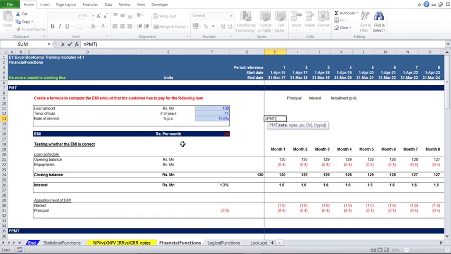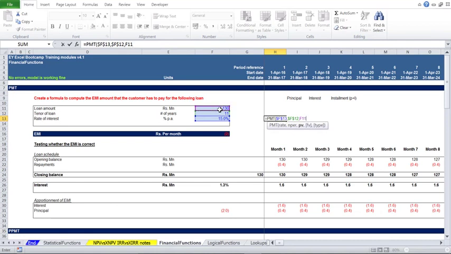Now in the example, the rate is 15%, so we click on rate, press F4 to make it a fixed reference, comma, NPER means the number of payments, the number of scheduled principal repayments for a loan, which in this case, let's say it's 11, which is represented by the number of years. The PV, or the present value of a loan, is nothing but the loan amount, which is 130 in this case.